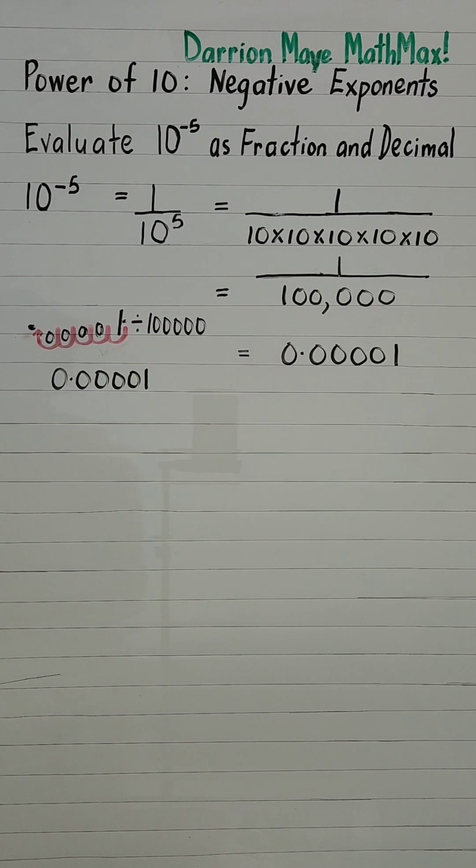So we're going to move that point 5 places to the left. And as you can see, 5 places, and we use zeros as placeholders. So our decimal is 0.00001.